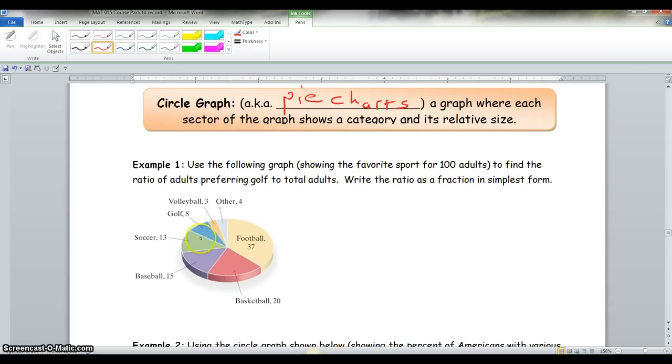Okay, it's 100 adults, and we want to find the ratio of adults preferring golf. So first of all, we will have golf, and then we want that to total adults, which is 100. So we have 8 over 100, and we want to write it in simplest form. Now 8 and 100 both have 4 in common. So that will leave us 2 over 25.